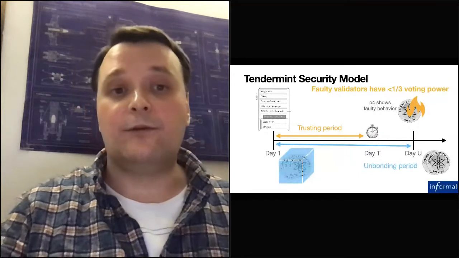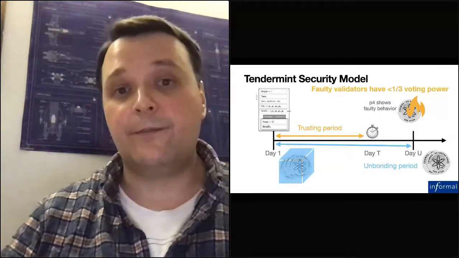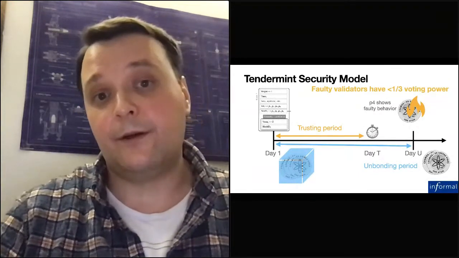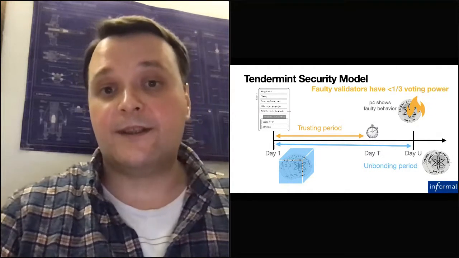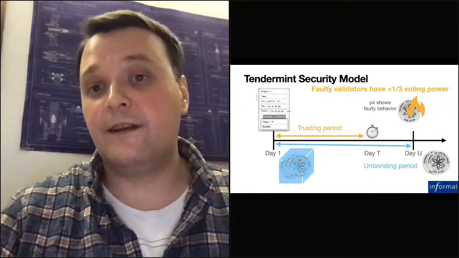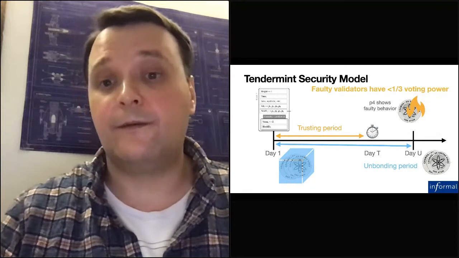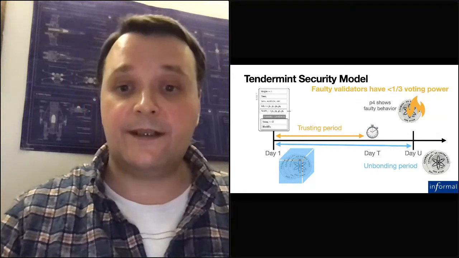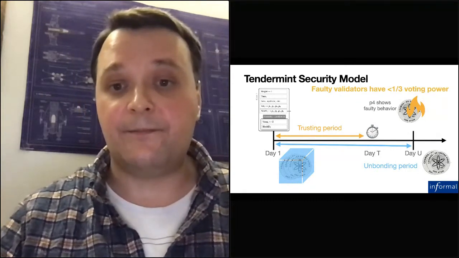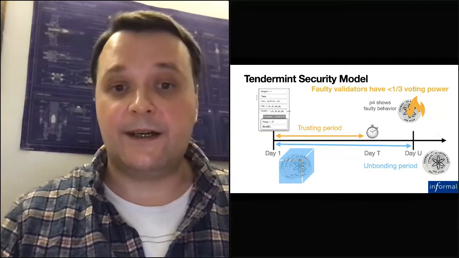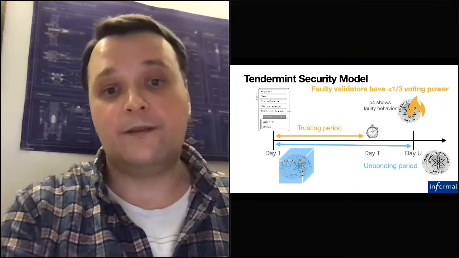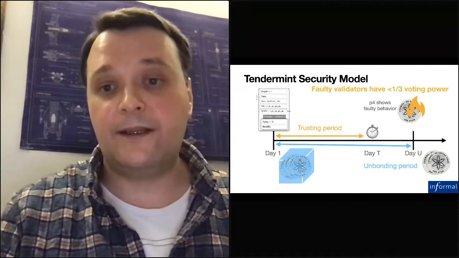And now we have to look at this Tendermint security model, which is quite complex if you think about it. Now we have to understand that faulty validators have less than 1/3 of the voting power, that there is a trusting period which tells us that we can trust block 1 within several weeks or several days.